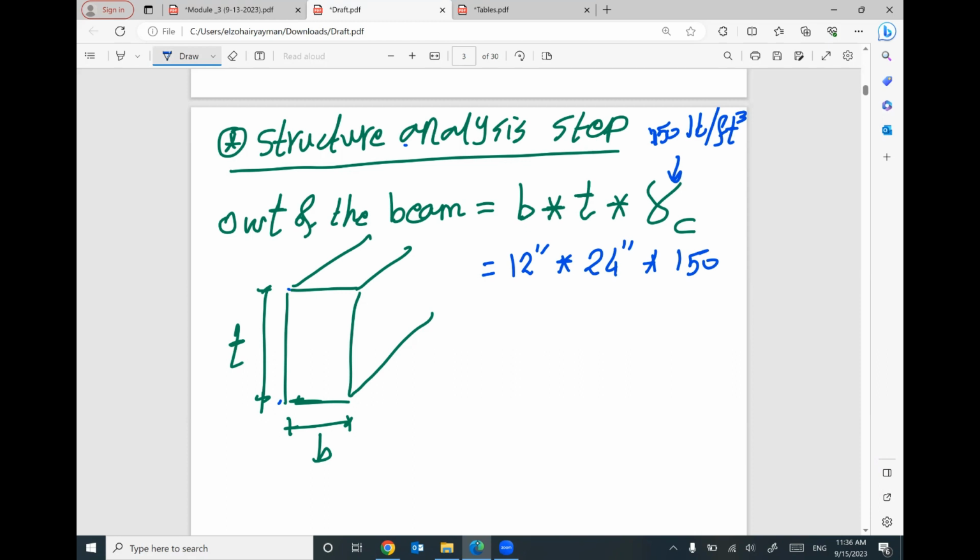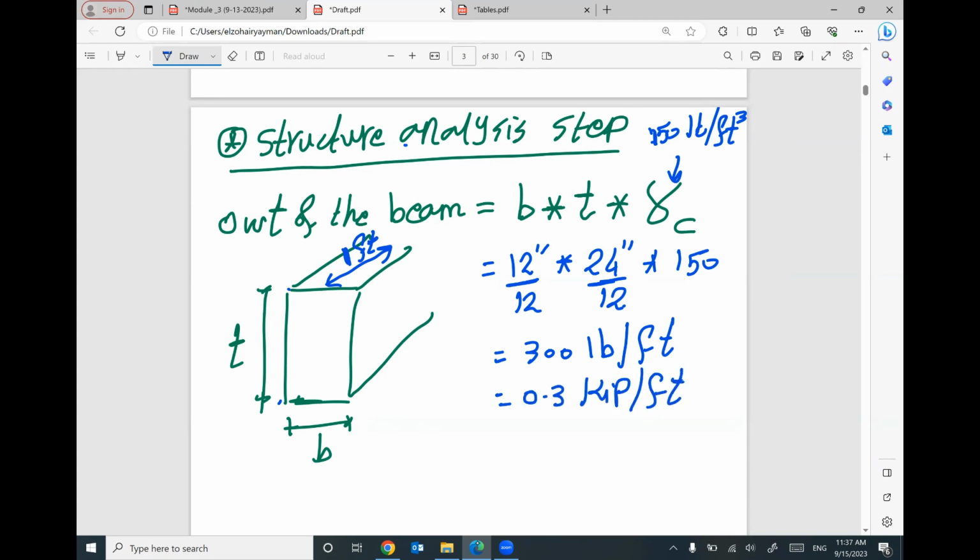I cannot multiply 12 by 24 by 150 because the units are not matching. So I need to convert this number to feet, then I can multiply it by 150. So it will be 300 pounds per foot. So for every 1 foot of this beam, the weight of this length equals 300 pounds, or equal 0.3 kip per foot.